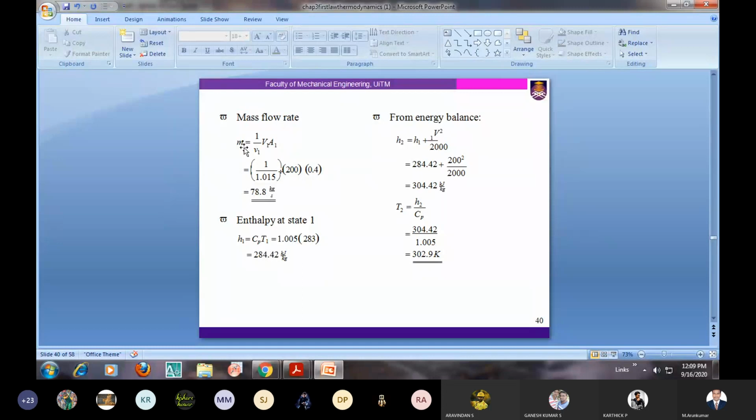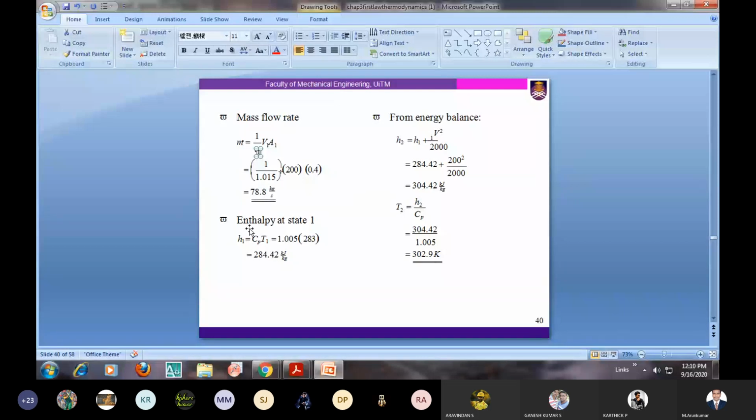Then the mass flow rate can be found from the equation m dot is equal to A times V divided by small v. So we know the value of V1 and the value of A1, and we found the value of small v1. Then if you substitute, we can get the value of the mass flow rate m dot.